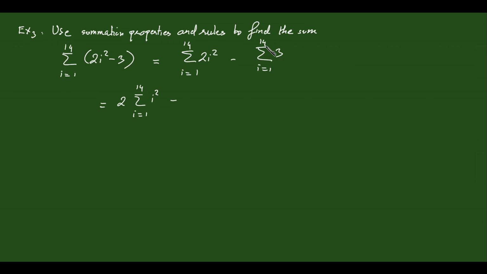So n over here is 14, and you can write 3 times 14. This is the fourth property. Now over here is i squared, and you can use the second rule.